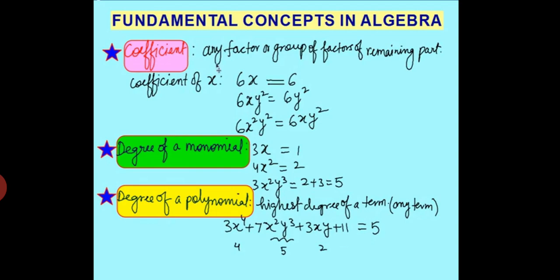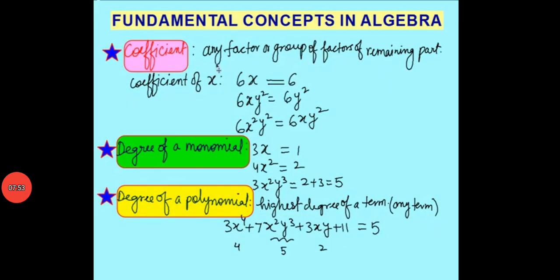That means the degree of this monomial is 2 plus 3, 5. And in the third term, 3xy, the degree of x is 1 and the degree of y is 1. That means the degree of the monomial 3xy is 1 plus 1 equal 2. So here the highest power is 5. That means the degree of the whole polynomial is 5, the highest degree of a term.